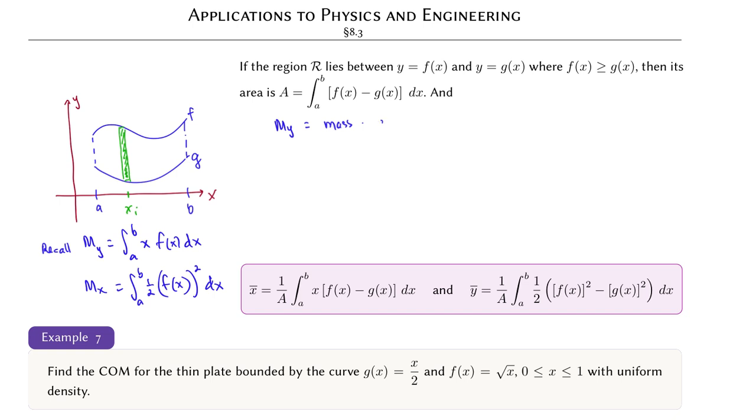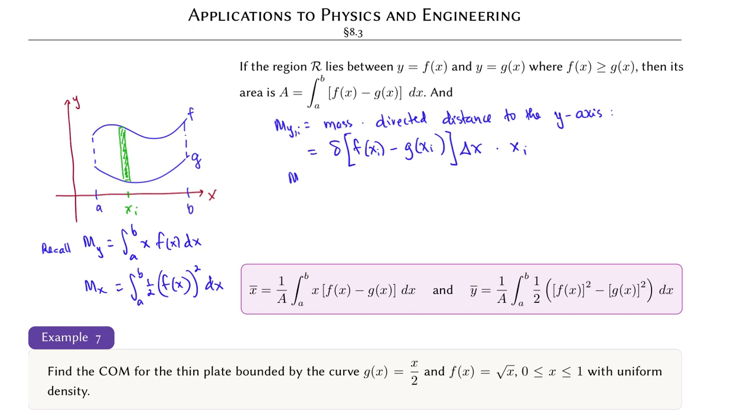So the moment about the y-axis is the mass times the directed distance to the y-axis. But the mass is now density times the height. The height is now f of x minus g of x. The width is still delta x, times the distance xi from the y-axis.